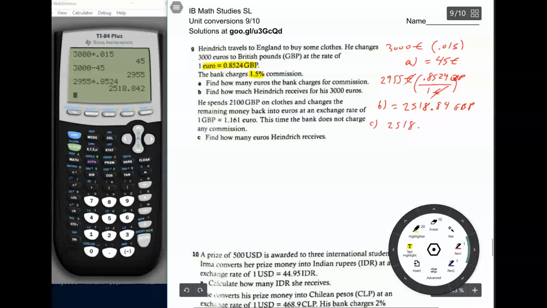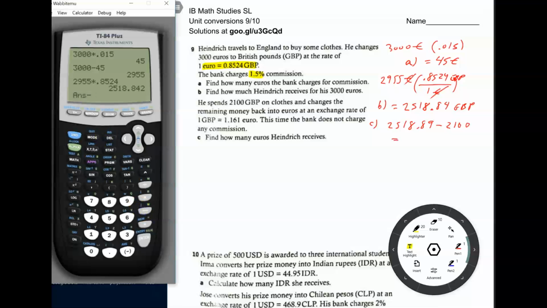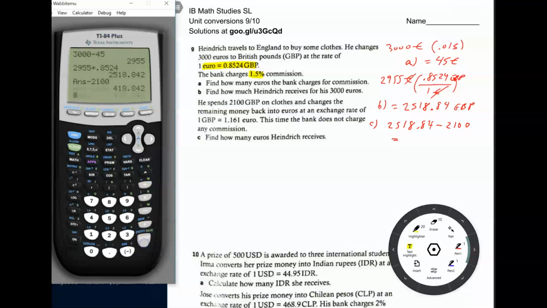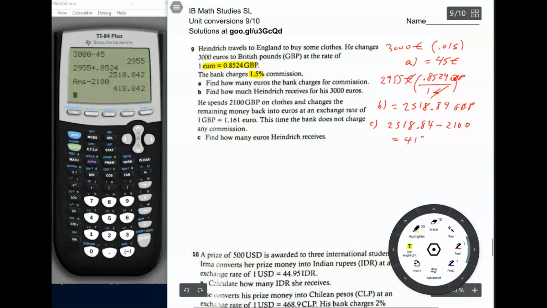I'm going to do 2,518.84, sorry, not 89, minus the 2,100 that he spent on clothes. That's going to be 418.84 GBP.